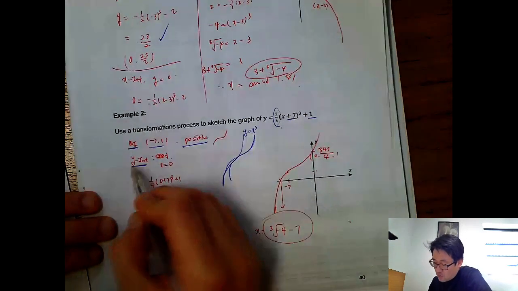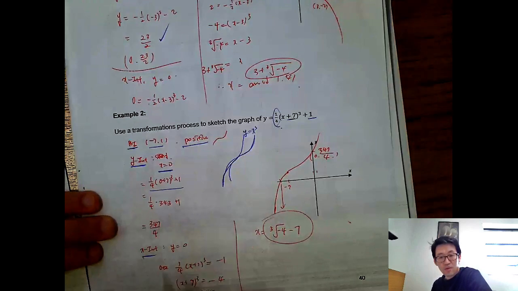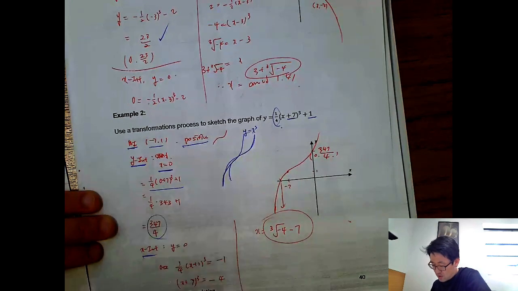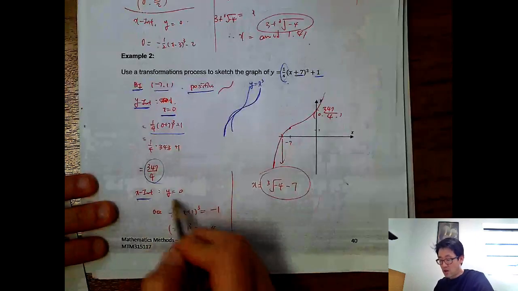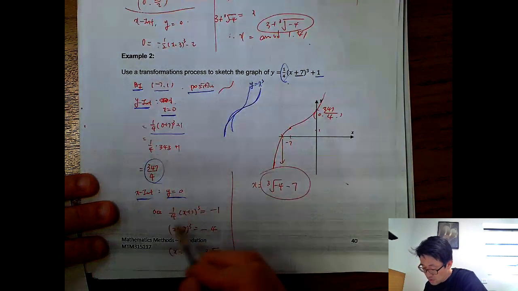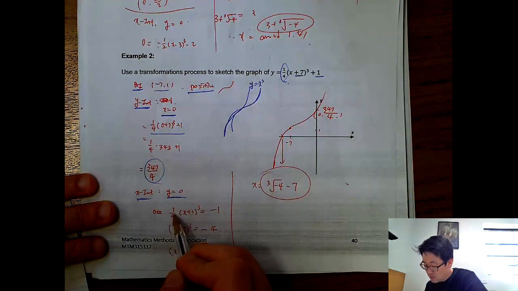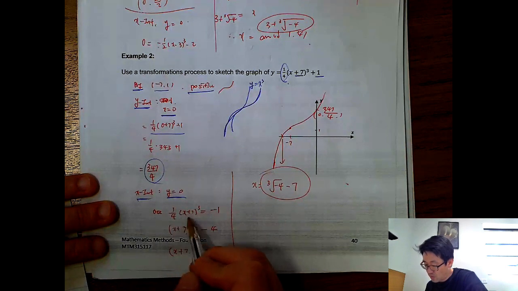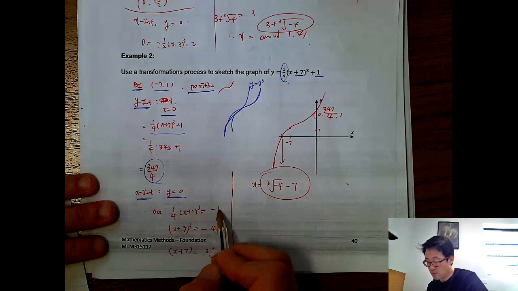The y-intercept and x-intercept. The y-intercept is when x equals 0; I got 347 over 4. The x-intercept, y equals 0. Same thing, plug it in: 0 equals 1/4 (x + 7) cubed plus 1, and the plus 1 moves here and becomes minus 1.